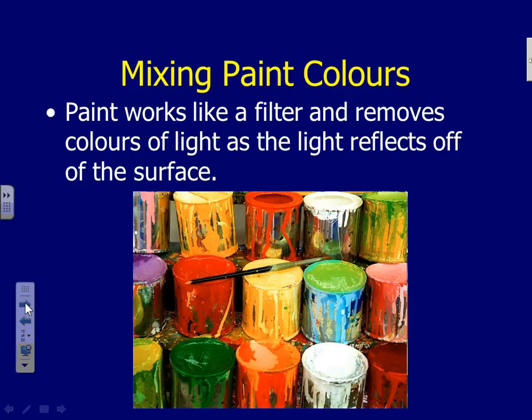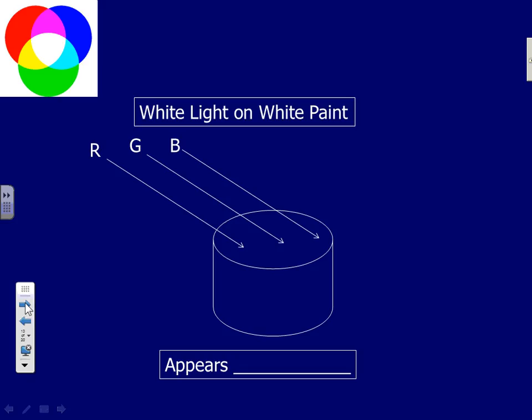So let's now analyze some paint scenarios. This is just a cylinder, and my idea was to represent the cylinders as a can of paint. Not for the additive color theory; that's for something else.